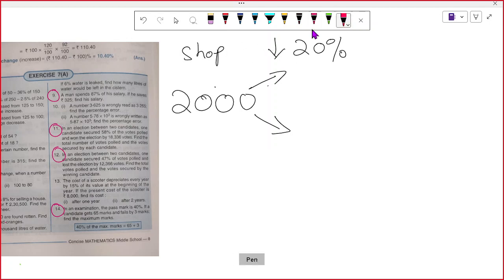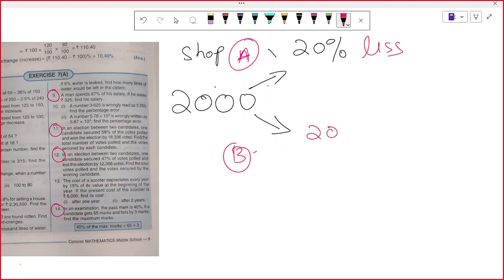Understand this question and try doing it. In shop A, you have to pay 20% less. In shop B, you have to pay 20% more.